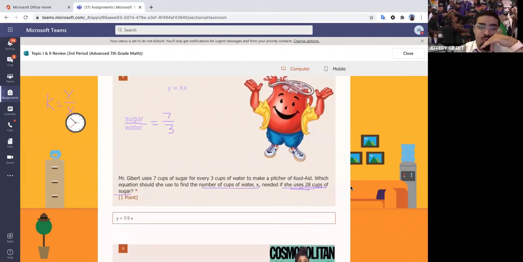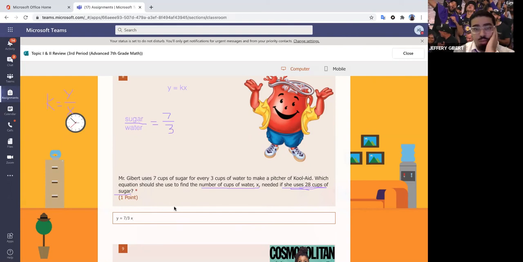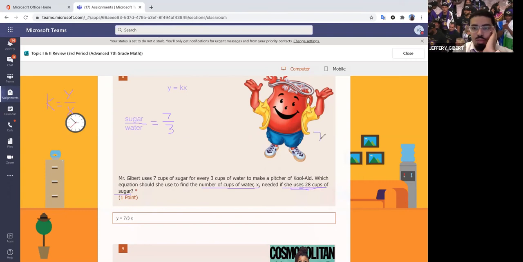But what about that 28 that says needed if you use it? So this is the equation you would use if you wanted to find the answer. So the way you would use this equation to find that answer, 28 cups of sugar. So sugar is the y. So you would say 28 equals 7 over 3x.